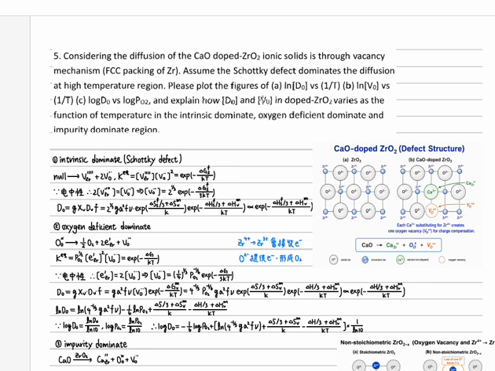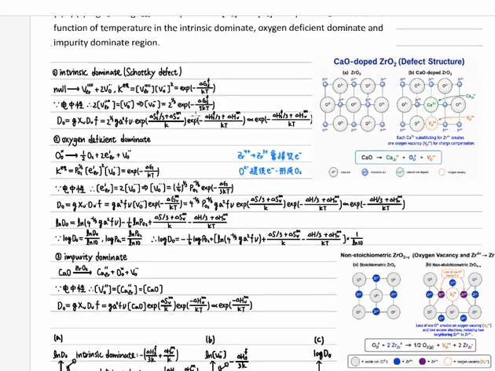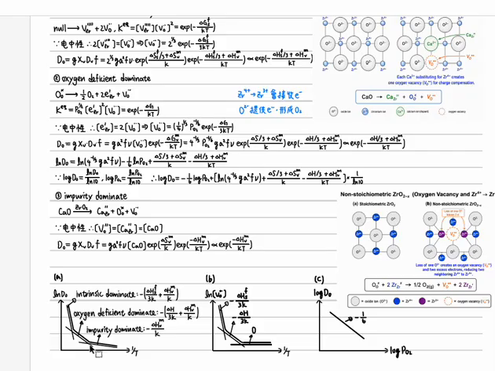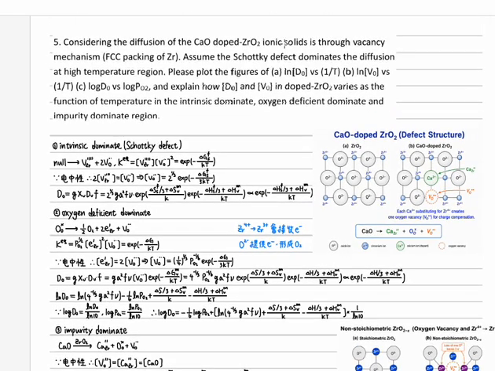Then plot the log of the diffusivity of oxygen versus 1 over T. In this case, you need to make sure, as we mentioned, that in the high temperature range it is due to intrinsic defects, and at lower temperature the contribution is from the dopant. Don't forget the matrix is ZrO2.